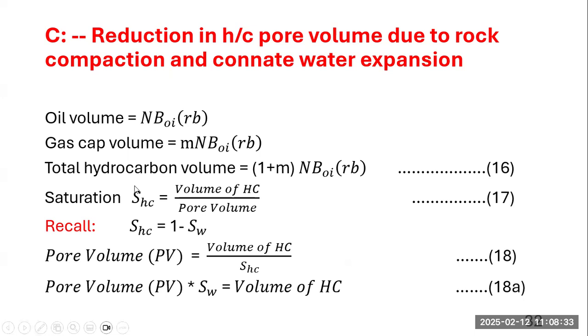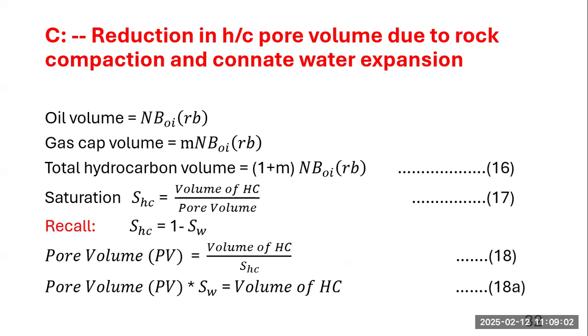So we go to saturation. Your hydrocarbon saturation is the volume of your hydrocarbon over pore volume. Your SHC, your saturation for hydrocarbon, is the summation of your oil and your gas, that's SO plus SG.